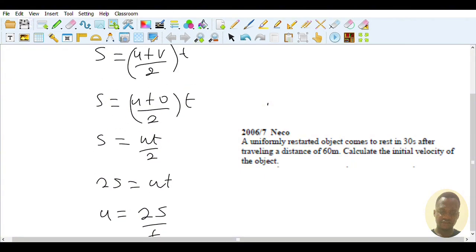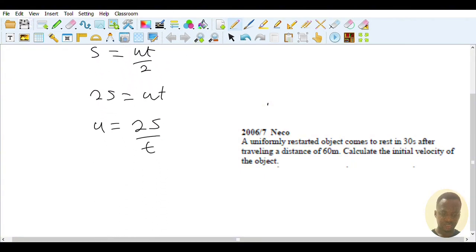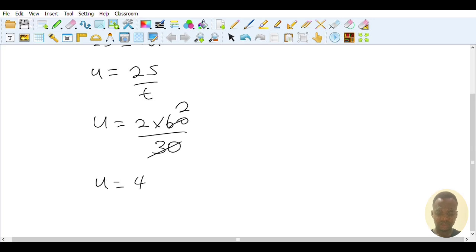Okay, so given that t is 30, s is 60, u is equal to 2 times 60 over 30. 30 can divide 60 to give us 2. 2 times 2 is 4. So the initial velocity is 4 meters per second.